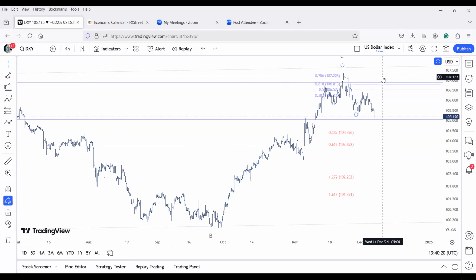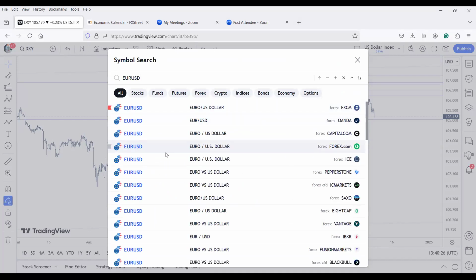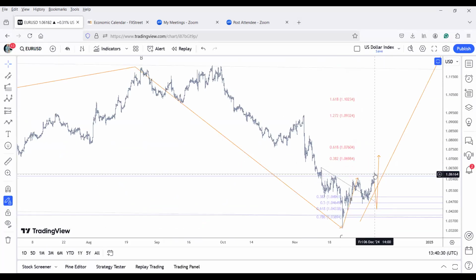That would be the ideal place to sell dollars. Euro is rallying against what the fundamentals have come. Technicals were already pointing to a rally, but this is not the ideal place to buy. Wait for a decline towards 1.0450 or possibly 1.05 and then go long. That's as simple as that.